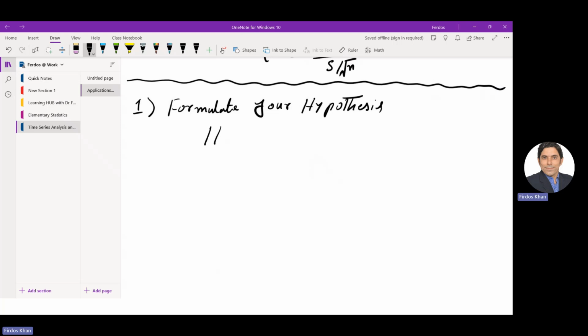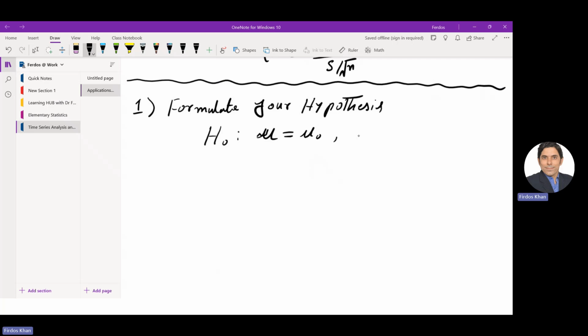Normally, the null hypothesis is, suppose, mu equal to some particular value, mu naught. This is not a sample test, so this should be mu, not mu x.